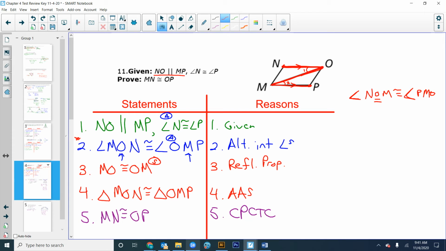Now, when I wrote it last period in step 2, the person said MON. Is that okay? Yeah, because O was their center letter. They did MON. They went backwards.